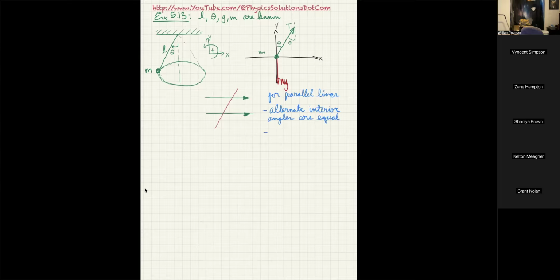That's one result. Another result is corresponding angles are equal.